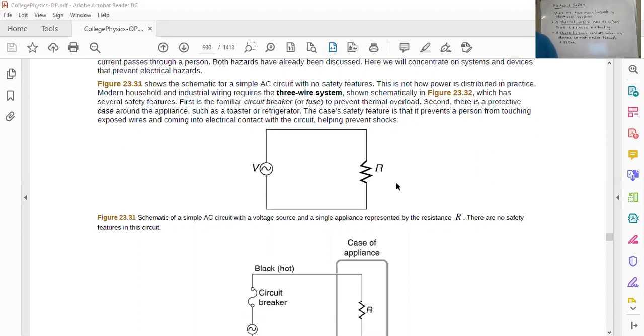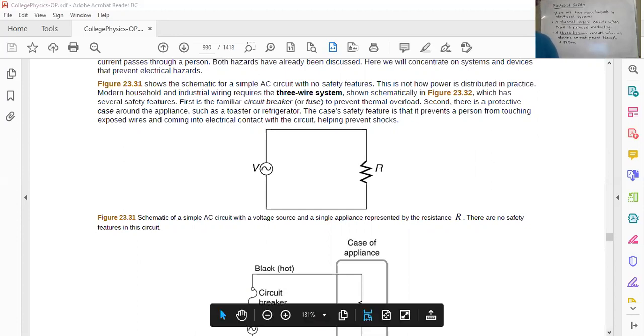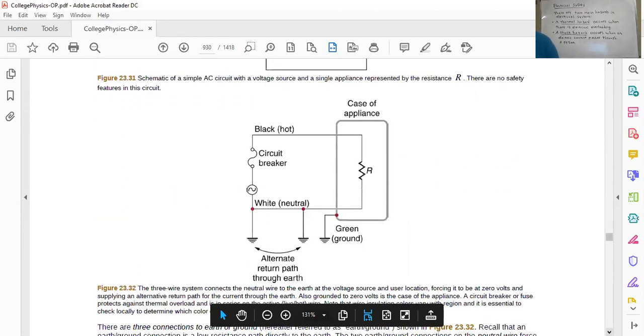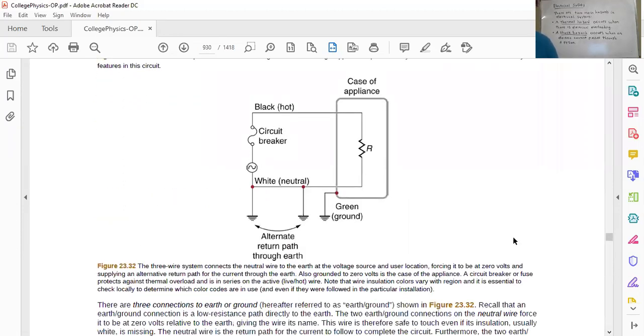What you really want is to look like the next picture. In the next picture, you see a number of different safety features. I'm just going to walk right through them. I want to make this more of a qualitative discussion, but this is how you really should have a power distribution with safety features.